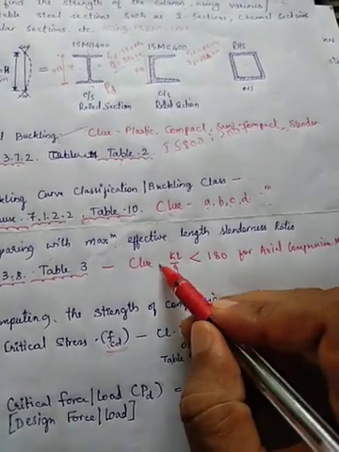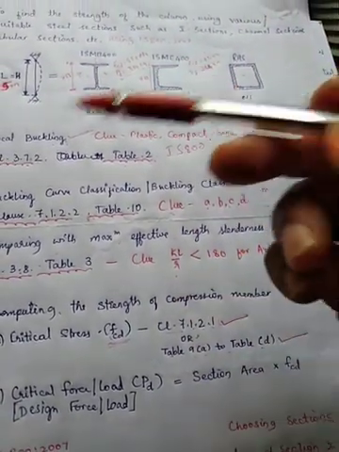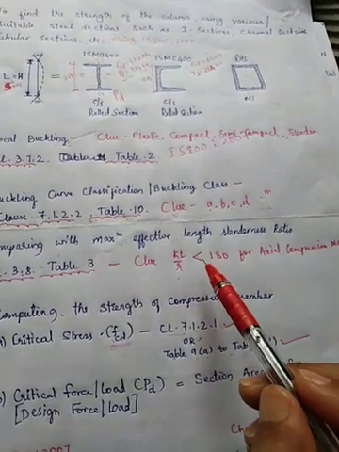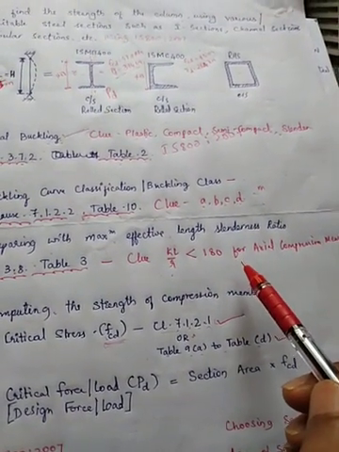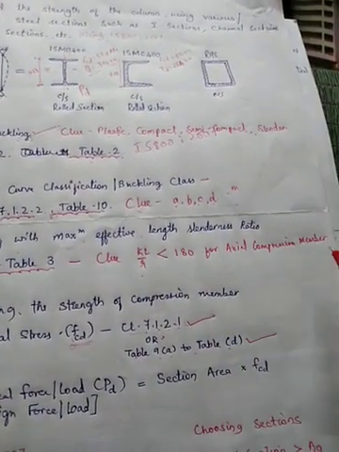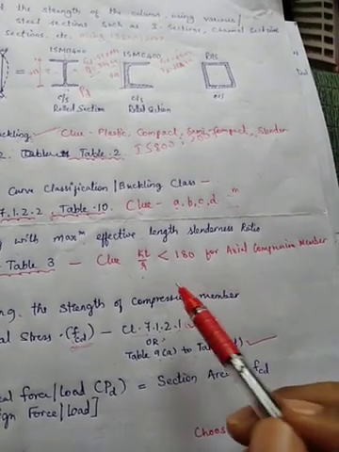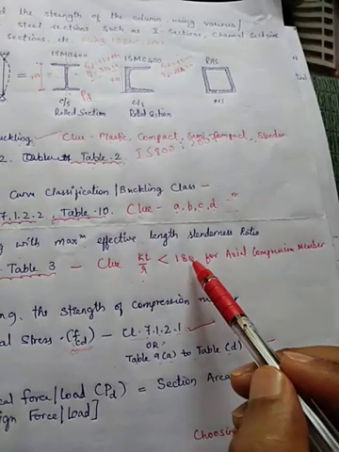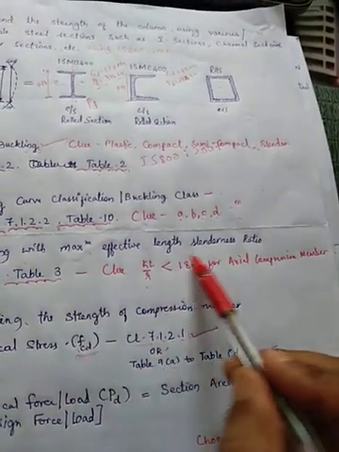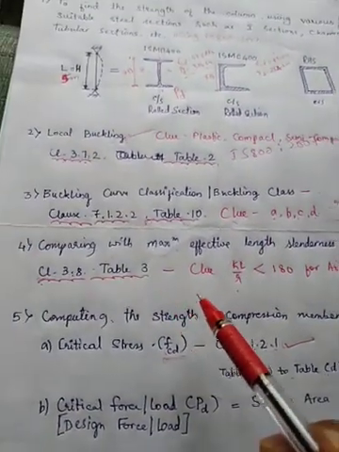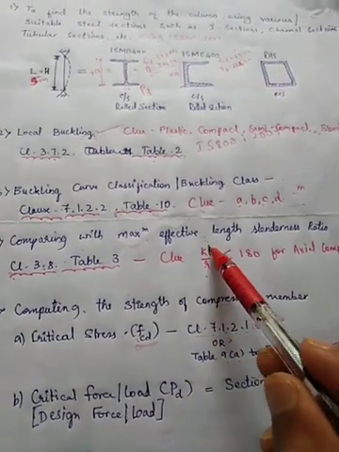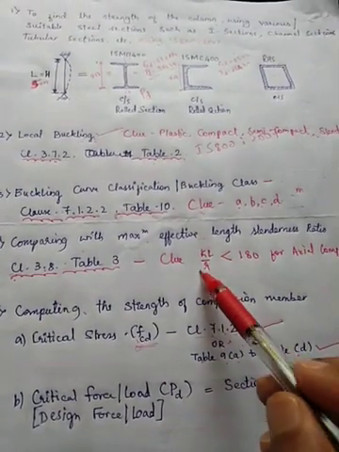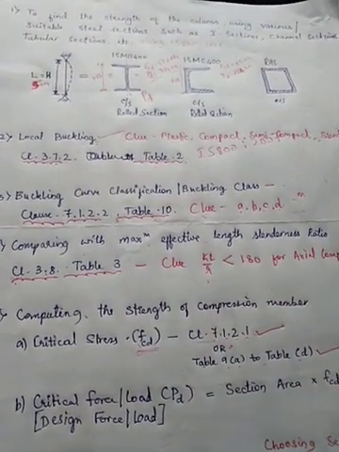This value obtained for this column should be less than 180 for an axial compression member. For a vertical member, that limit should be less than 180. So this is what I compare with my effective length slenderness ratio.